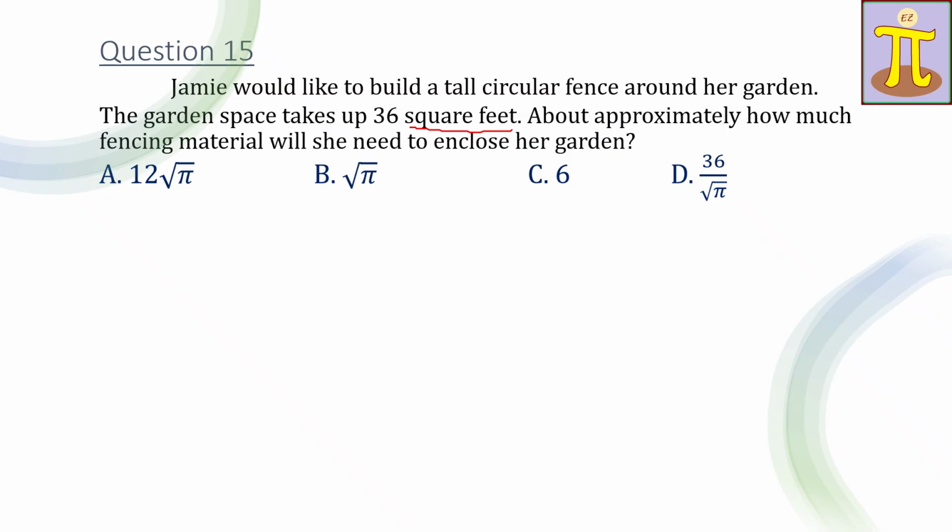The square is about the area. Okay, so that means the garden looks like a circle, and then the area of that circle equals 36 square feet.